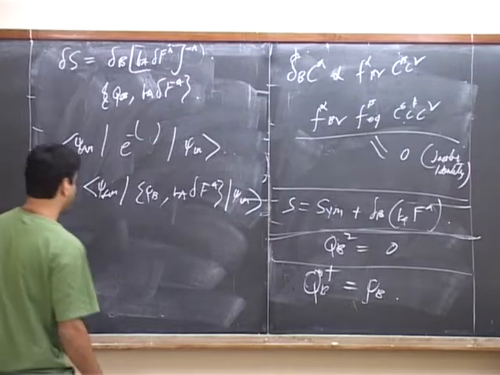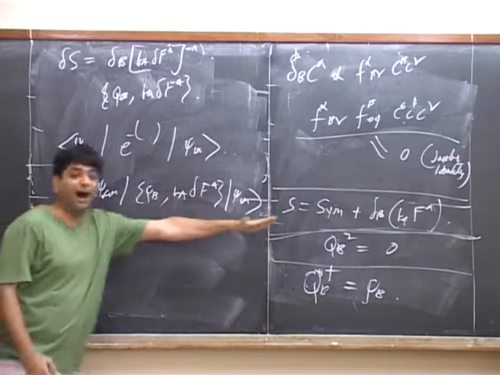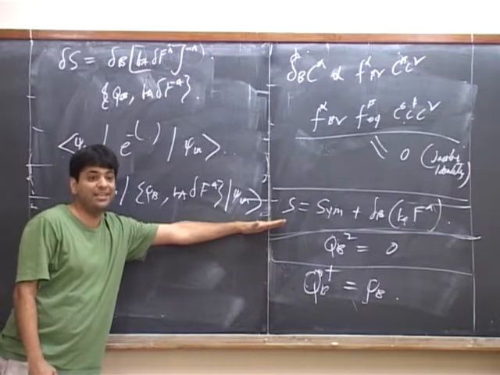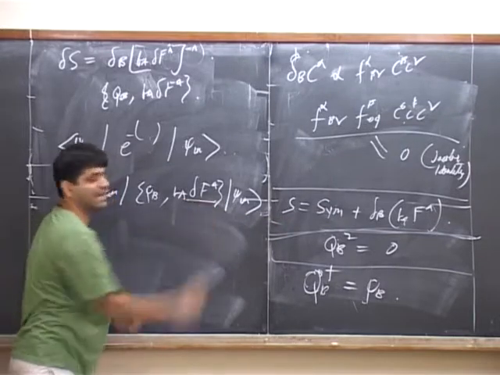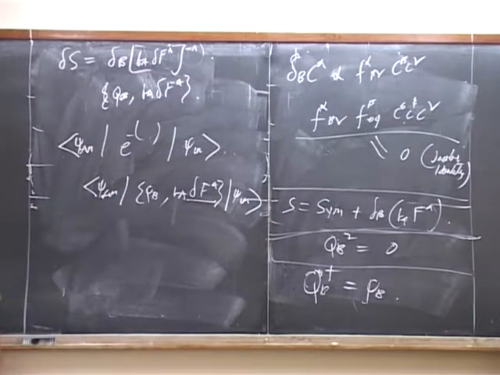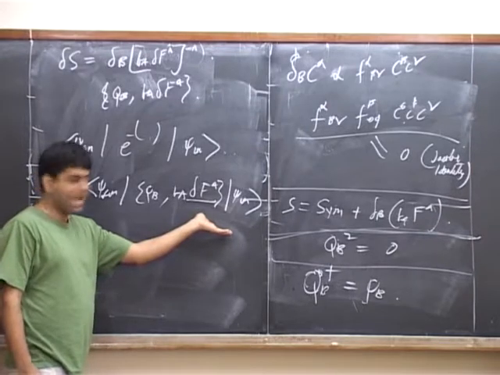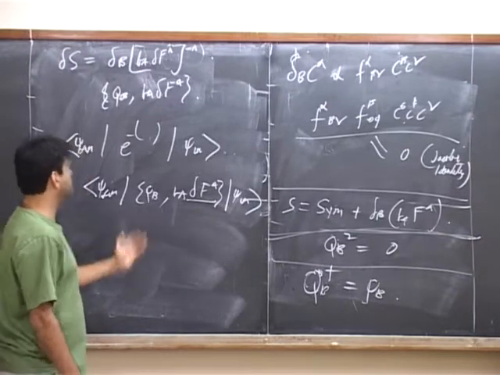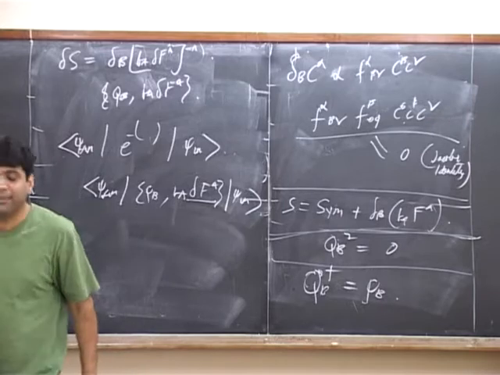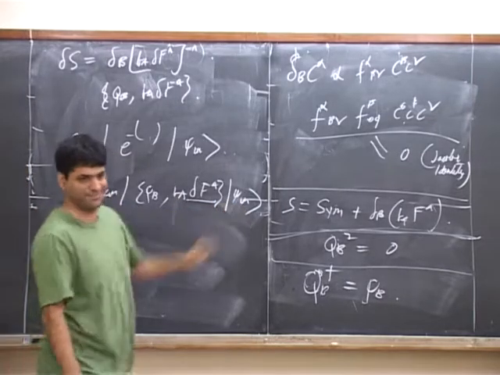Now, we want to demand that this quantity is 0 for arbitrary delta F. How can that be? Because delta F is completely arbitrary, this must be some condition on the states.